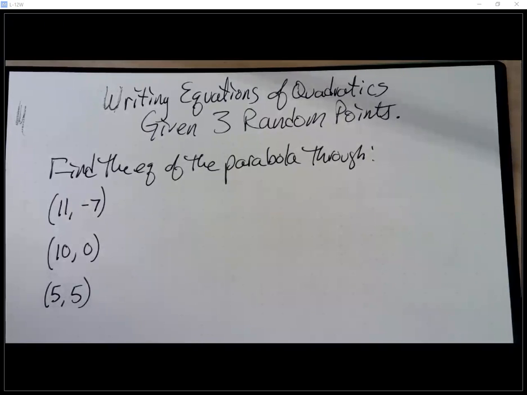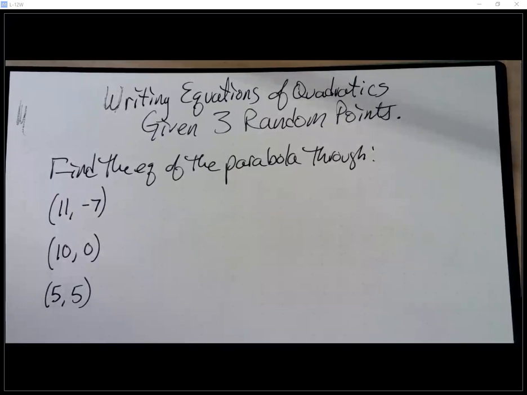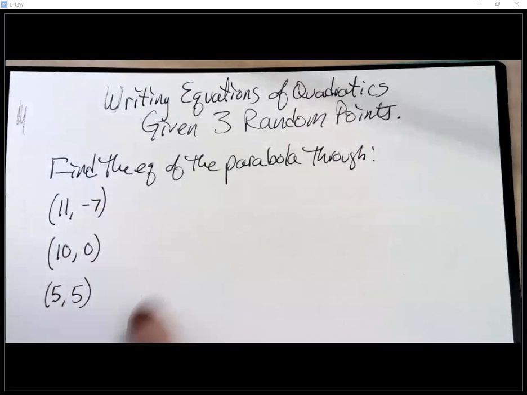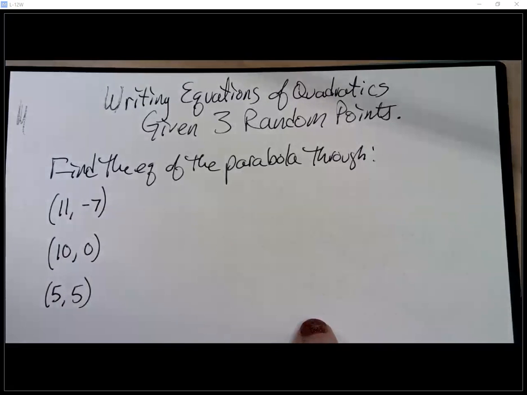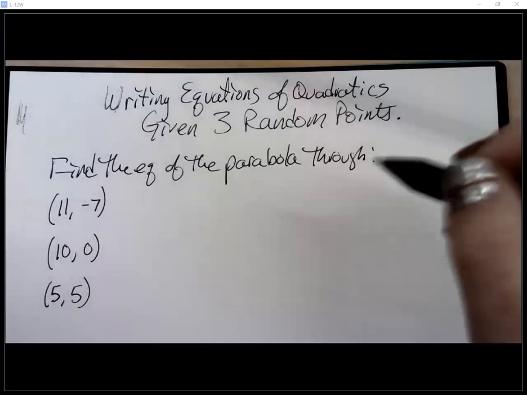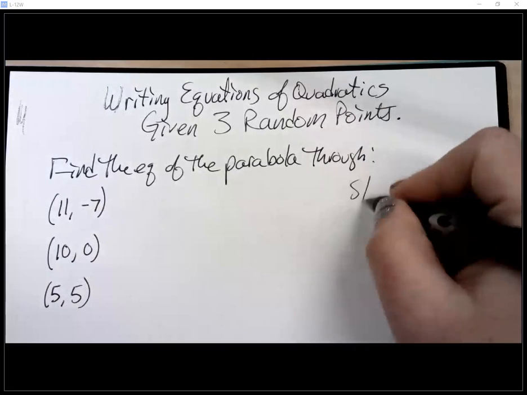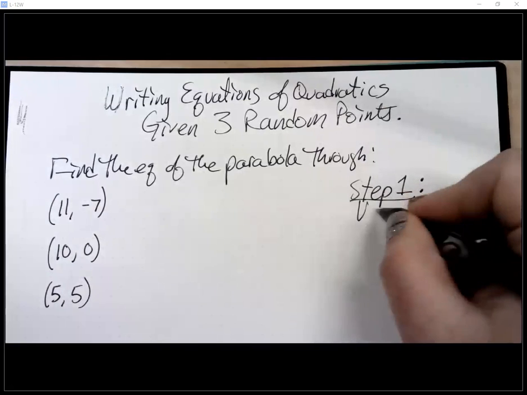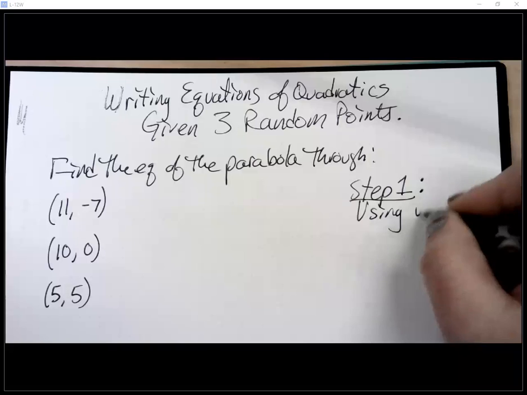So here's what we're gonna do. We are going to take the standard form of a quadratic, y equals ax squared plus bx plus c, and we are basically going to take each of our 3 points and write an equation plugging in that x and y. Then I'll just have to solve that 3-variable system. Okay, so let me explain what I mean. I'll put steps over here. Step 1: y equals ax squared plus bx plus c.